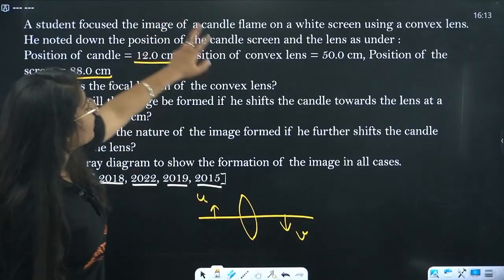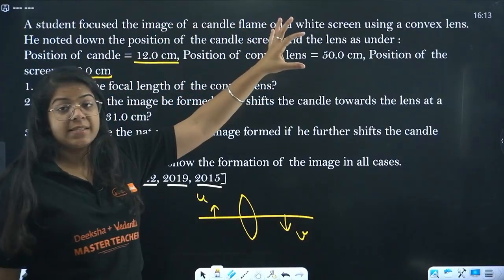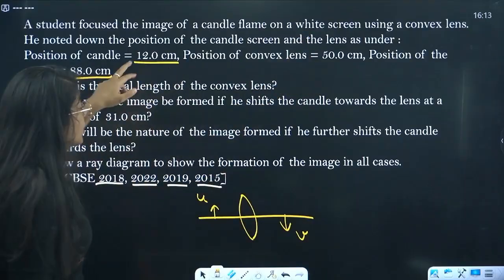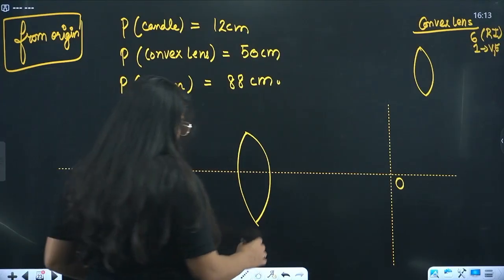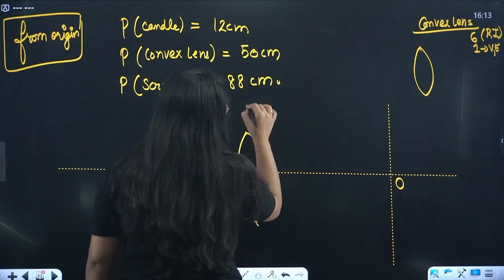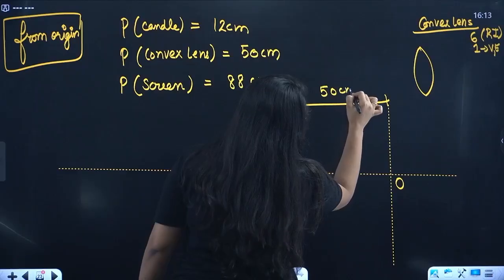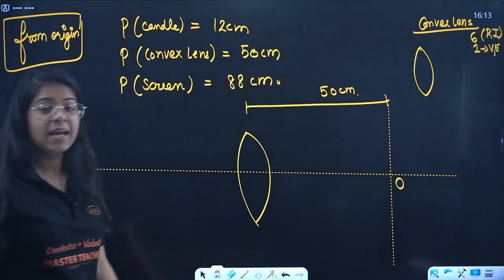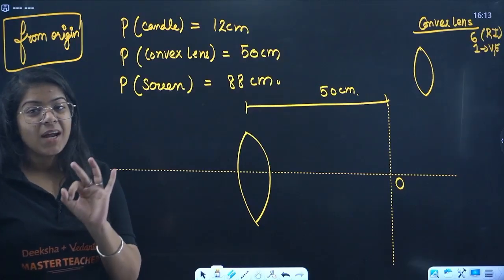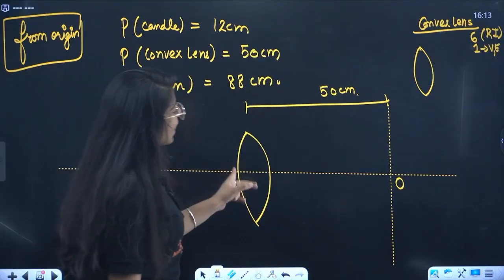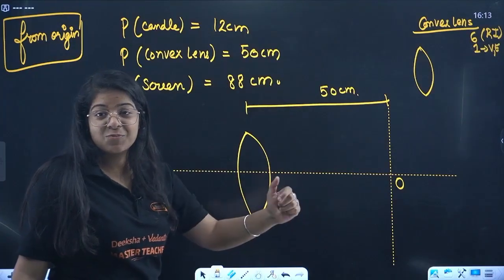Now, using a convex lens on a white screen, he noted the position of the candle, screen and lens as under. These positions are from a certain point, let's call that origin. They are saying that this lens is at 50 centimeters, but there is one tricky part: on which side of the origin this lens is placed.